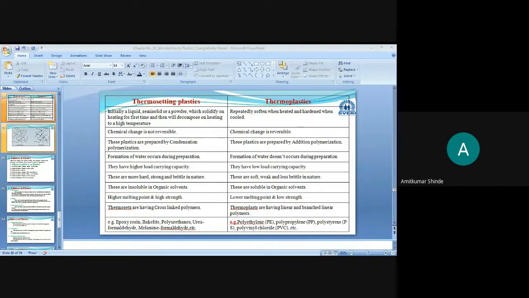Whether the diagram is visible on screen? Not able to see it.